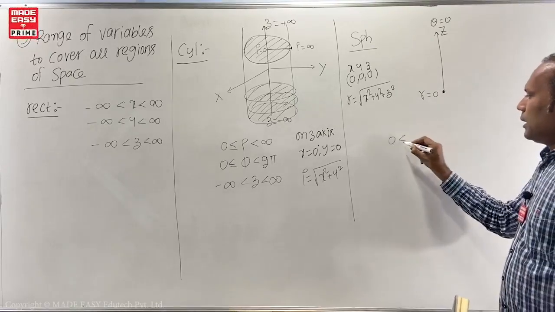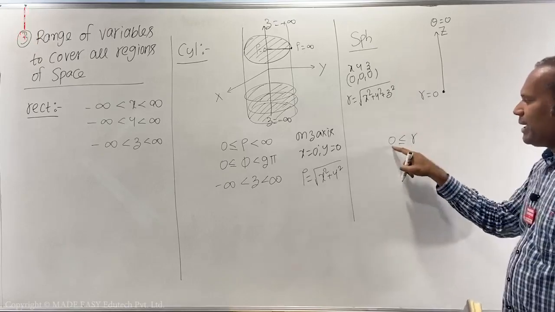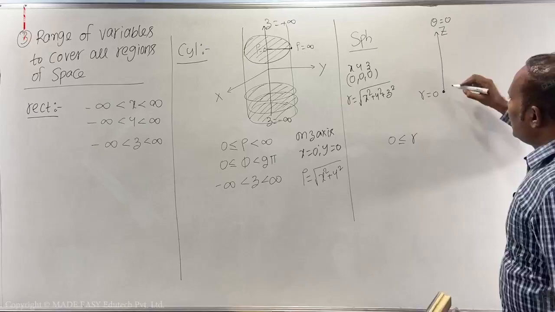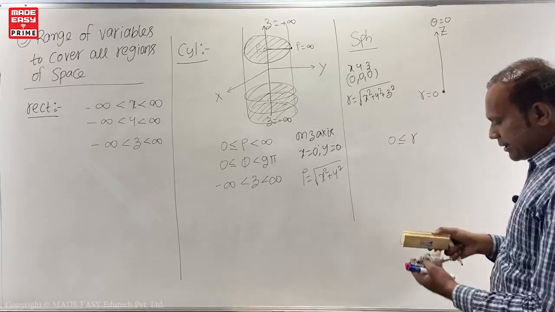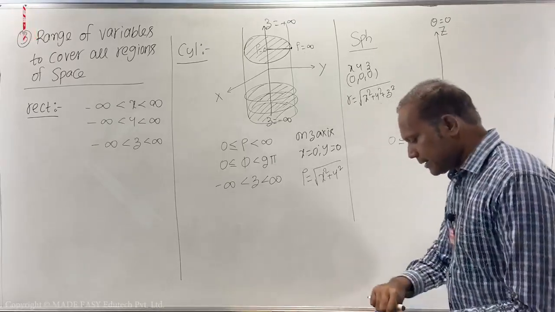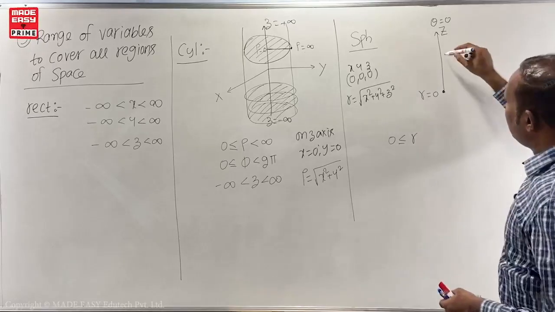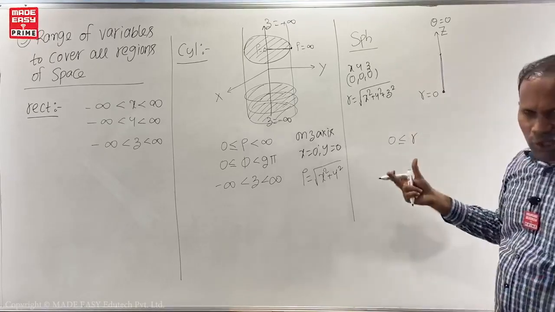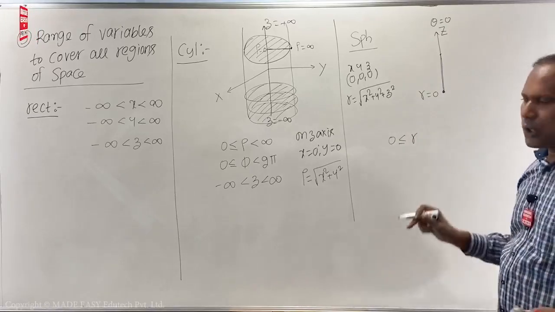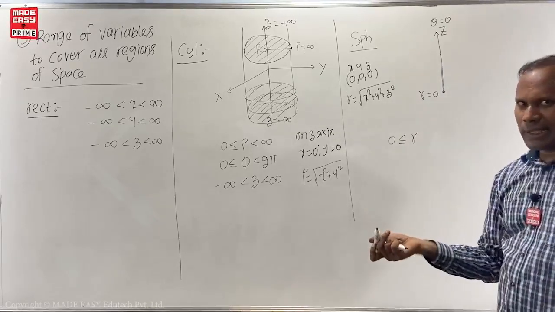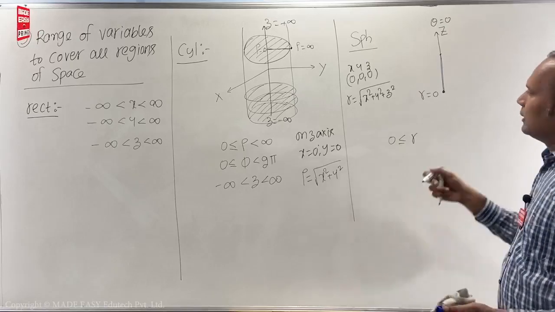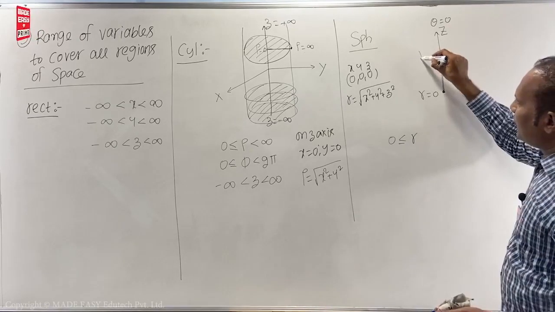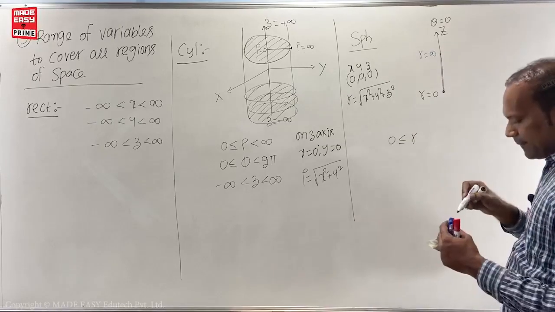So radius 0 means origin. Then you take the radius like this. Whatever length you draw, consider that as infinity, because we cannot draw an infinitely long line. Don't get confused. Let us assume this is unity length. So r is equal to infinity.